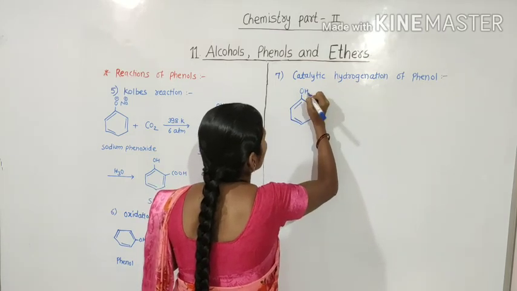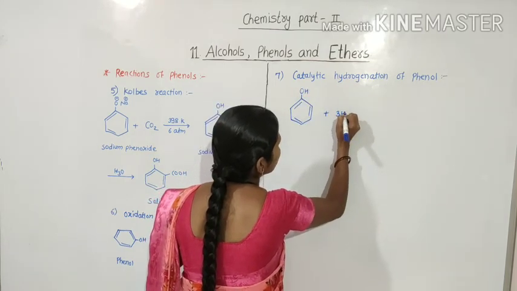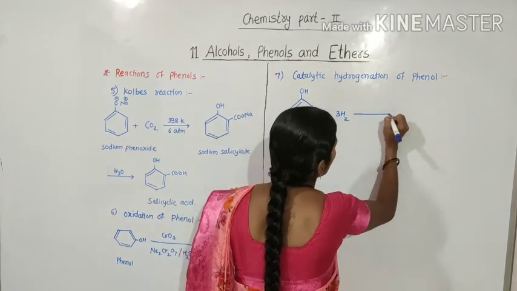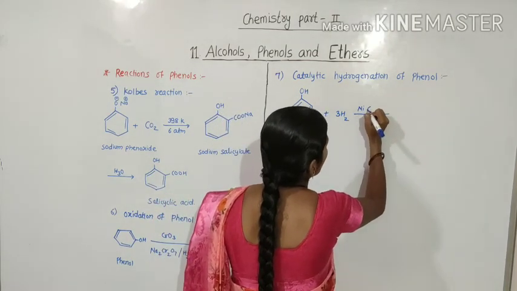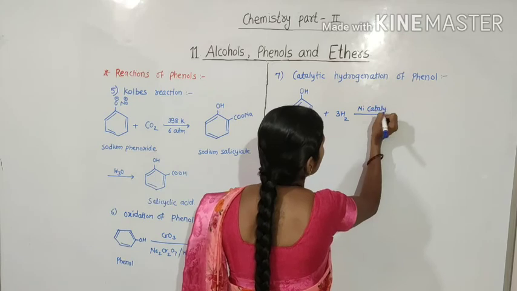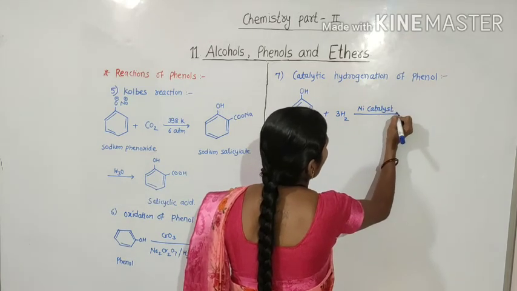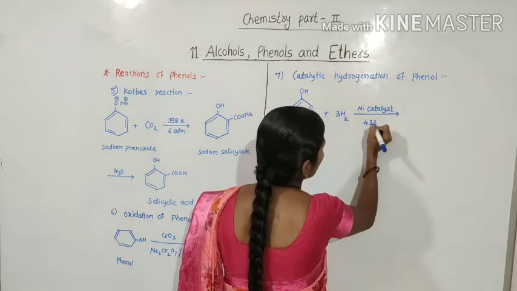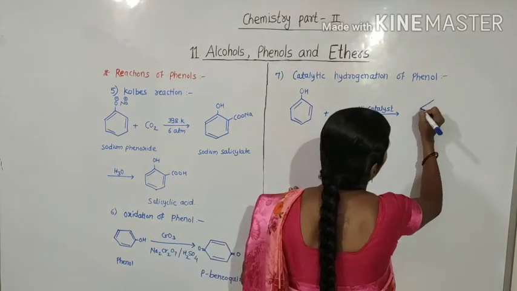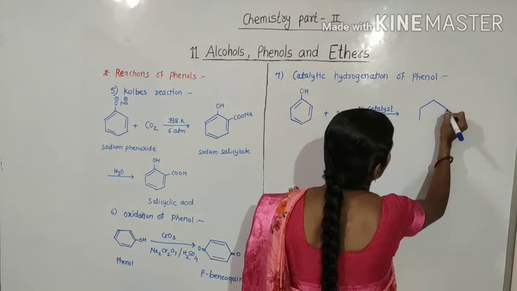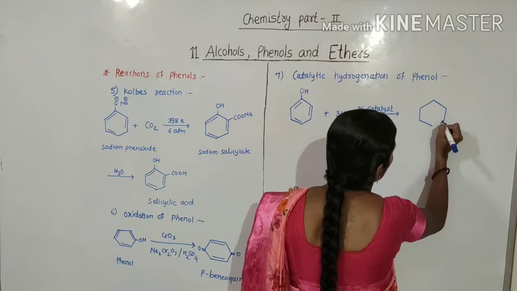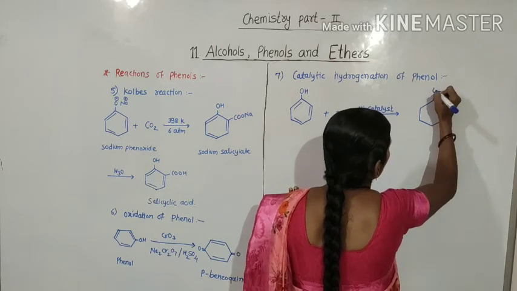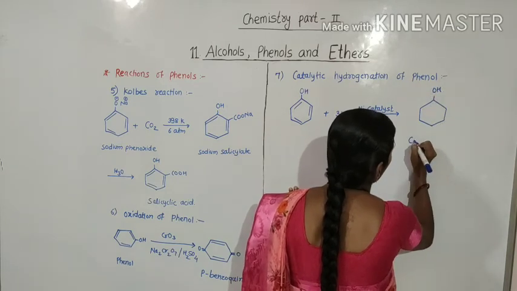Phenol on catalytic hydrogenation with nickel as a catalyst at 433 Kelvin forms cyclohexanol.